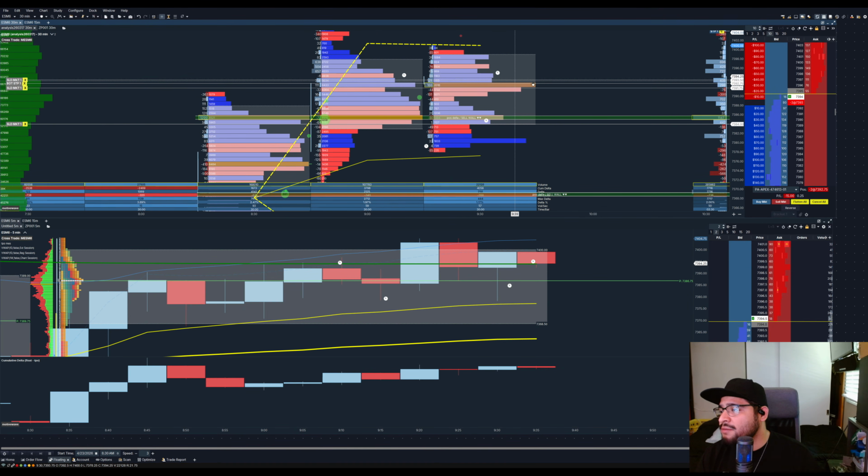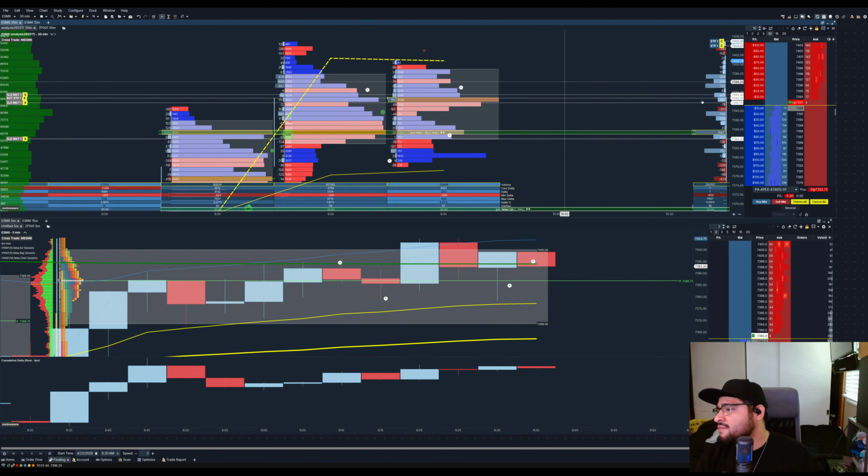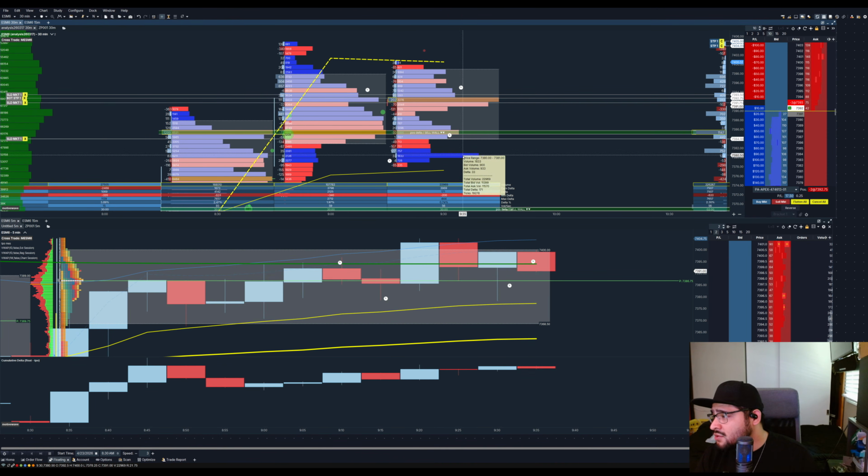And then we have a higher point of control here. We have overlapping value, so it's a little bit of a warning sign. Price is consolidating. We'll see if in this 30-minute candle we can shift the POC down to like 73.80.